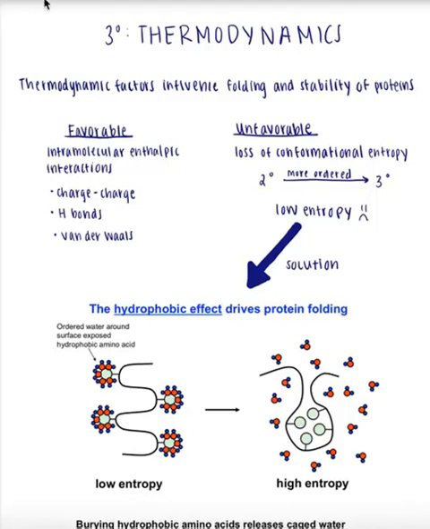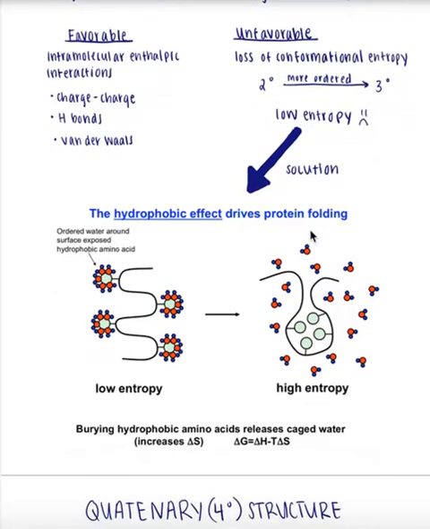What's unfavorable for us is the fact that going from secondary to tertiary, we're actually ordering our protein a little bit more. And if you remember from our thermo lecture, that would lead to a lower entropy, right? We want things to be more disordered. However, we're doing the exact opposite here. So that's unfavorable for us. What happens though is the hydrophobic effect is actually the solution to that whole thing.